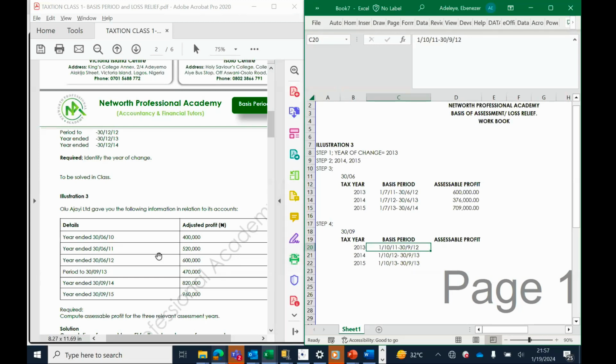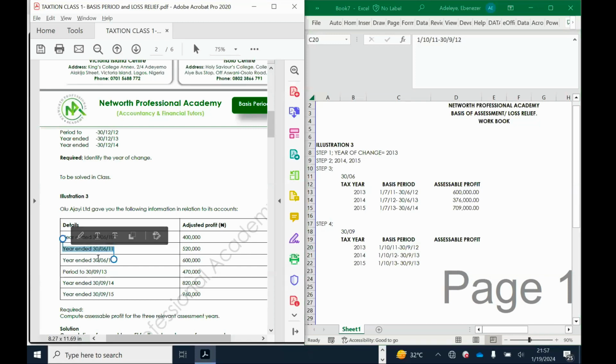Where do we have that here? October 2011 will be immediately after this. This is 30 June 2011, right? It means that the period would have started between this year and this year. So we have to figure from 1st of October to this period.